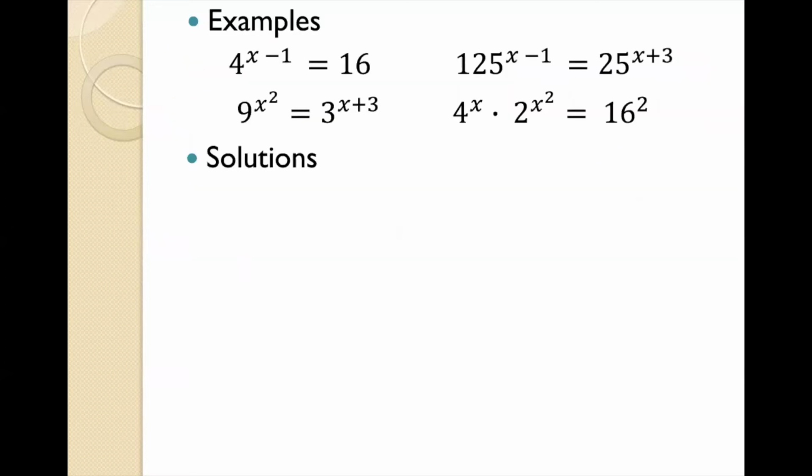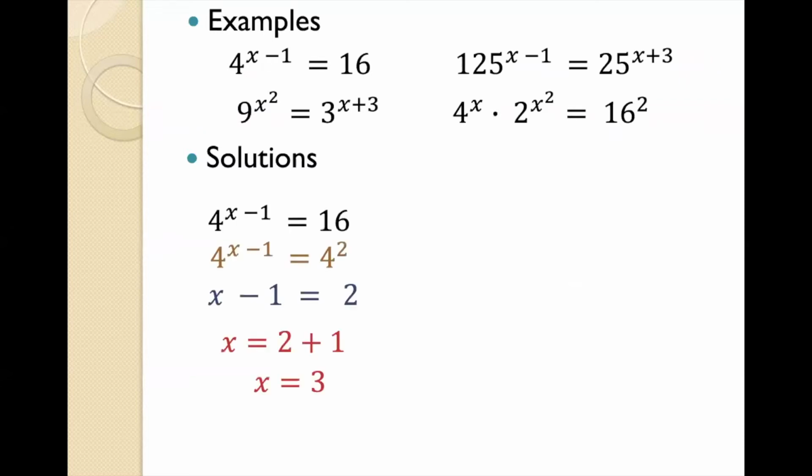So, for example, if we have 4 raised to x minus 1 equals 16, as stated in the previous slide, we have to make them of the same base. So we rewrite them with the same base. 16 can be written as 4 squared.